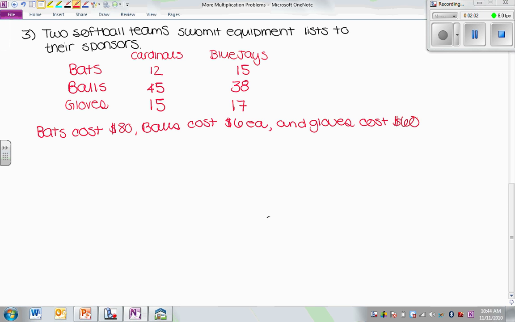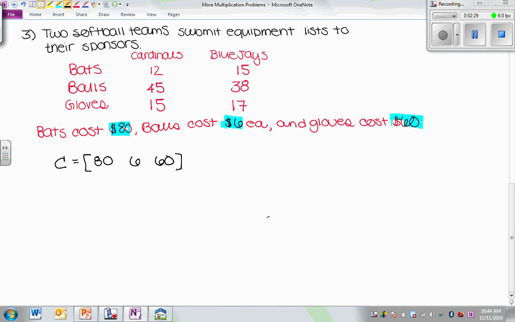Okay, so what I can do is set up the costs of each thing in a matrix. I'll call that matrix C. So that would be $80 for the bats, $6 for the balls, and $60 for the gloves.